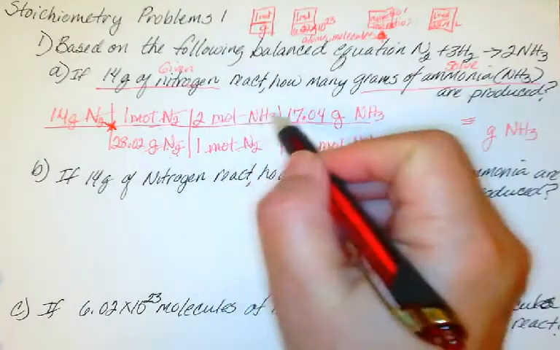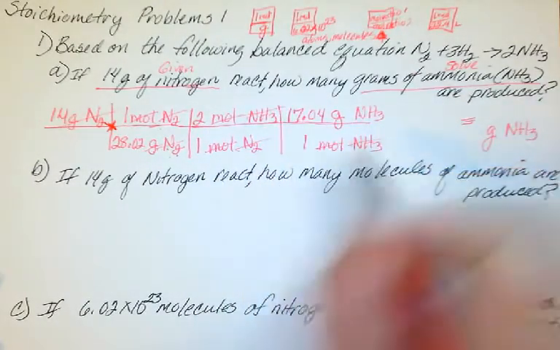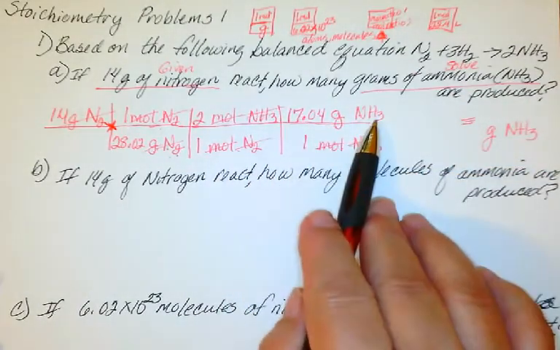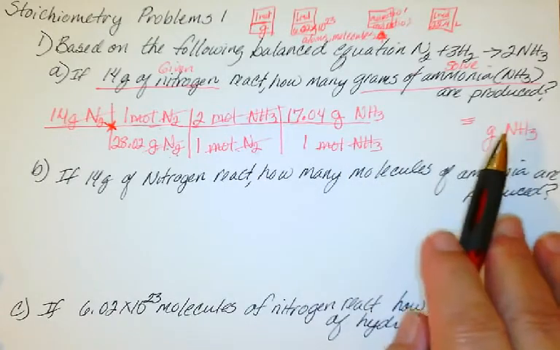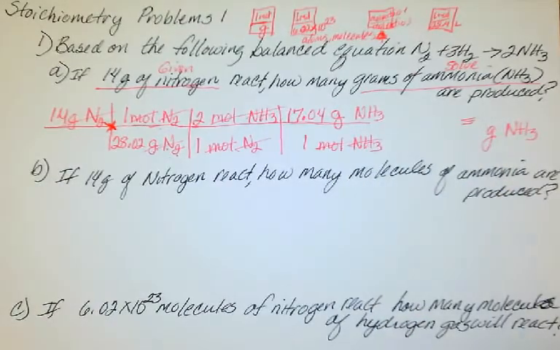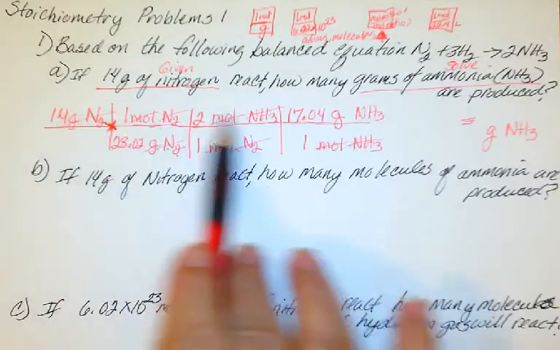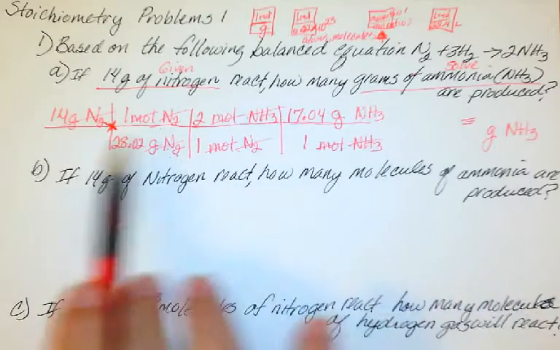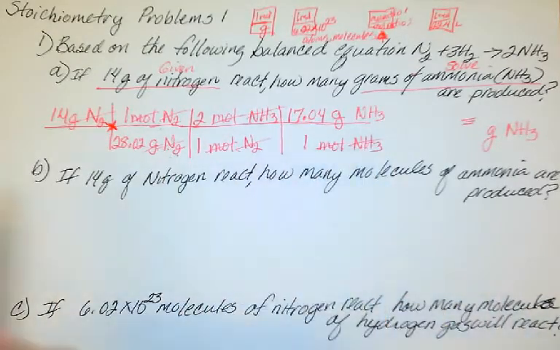My moles of NH3 cross cancel. Grams of NH3 is what I have here. I'm trying to get to grams of NH3, so now I know I'm done, and the setup is finished, and I can go back and multiply the tops, divide by the bottoms.